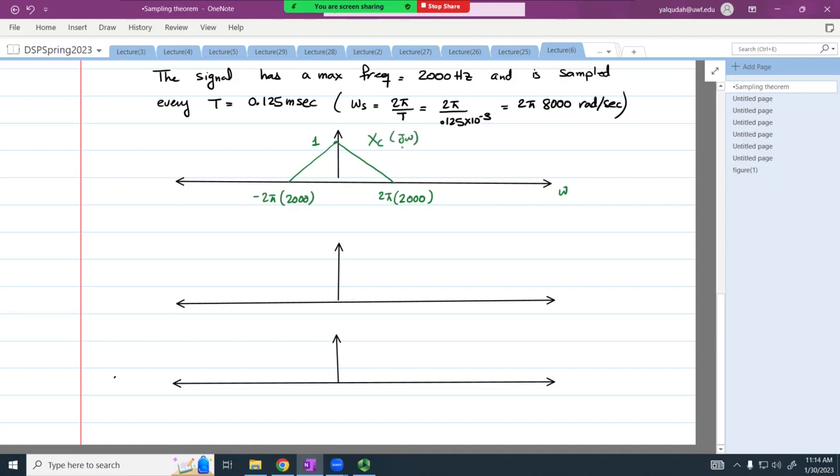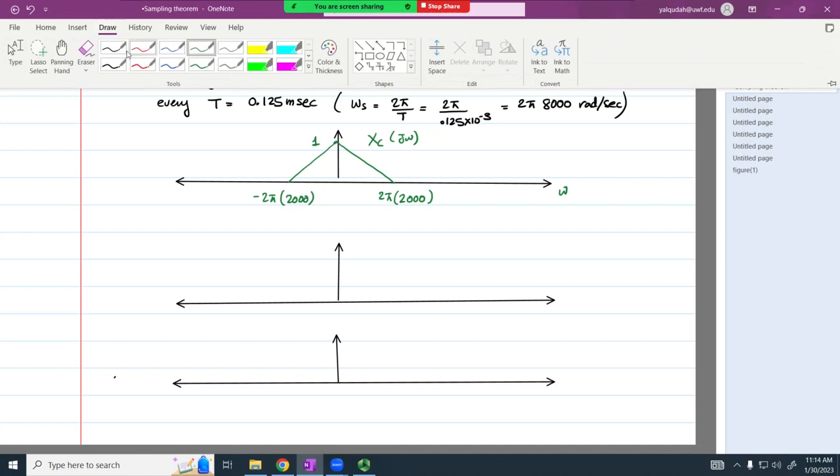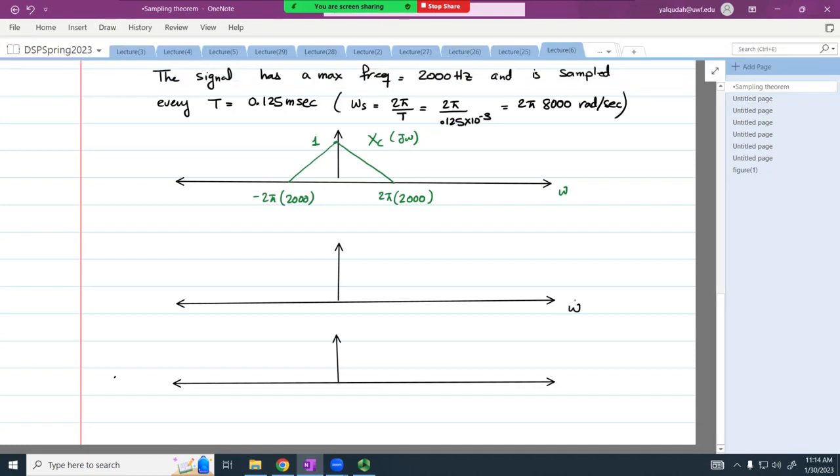This is the continuous-time signal. I sampled this signal, taking a sample every 0.125 millisecond. I want to see how the spectrum looks and how the discrete-time Fourier transform looks. So starting with Xs(jΩ): what is it going to look like? What is the spectrum of the sampled signal?